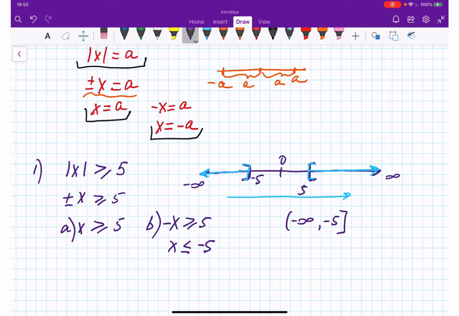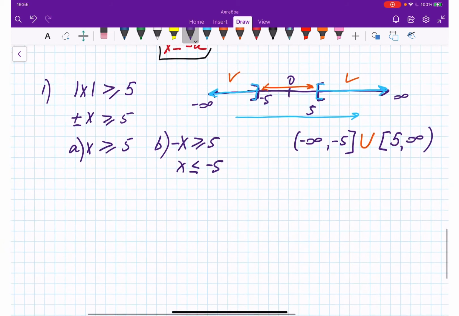Okay? Therefore, there is no final value for infinity. That's why infinity in parentheses, negative 5 is square bracket, because negative 5 is included. Now, between negative 5 and positive 5, we have a break here. So that's why we have this piece and this piece. So here we put or, okay? And it's going to be from positive 5 to positive infinity, okay?